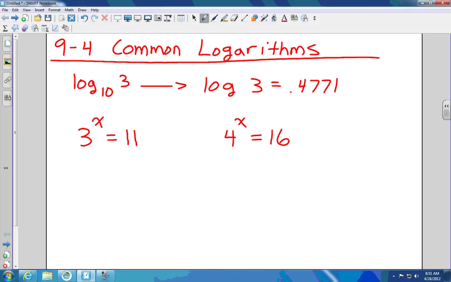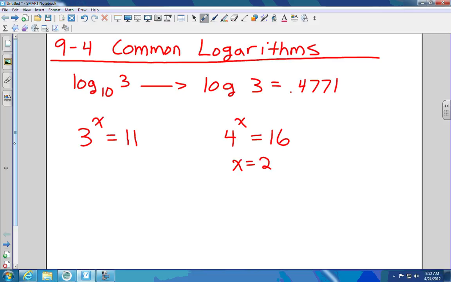And that's obviously the second, so we have x equals 2. So over here, 3 to the what power is 11? Anybody have a guess? Probably not. You can't figure that out. I don't even know what that is just by looking. So that's what we're learning about in this section, is how to solve that.